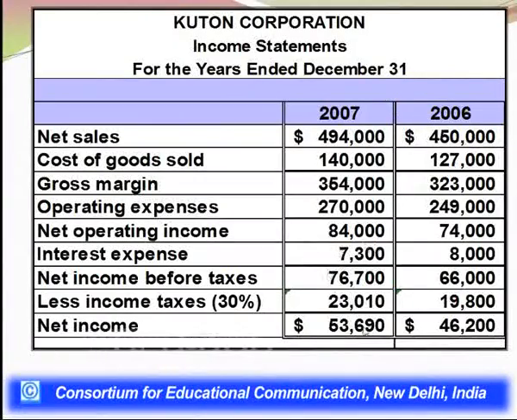So let's discuss these three ratios first. For that we would be using the data given on the slide here. So we need net income available to shareholders, which we can distribute. So have a look, we have 53,690 income which is available for distribution to shareholders, since we have already deducted interest and tax both.